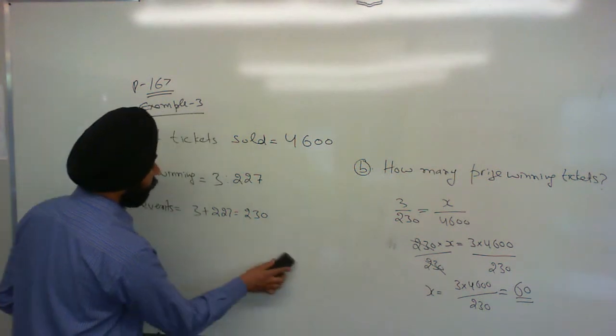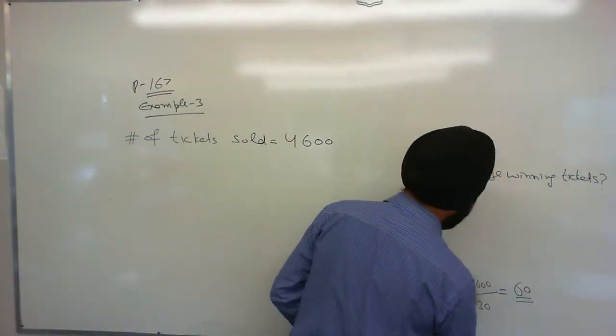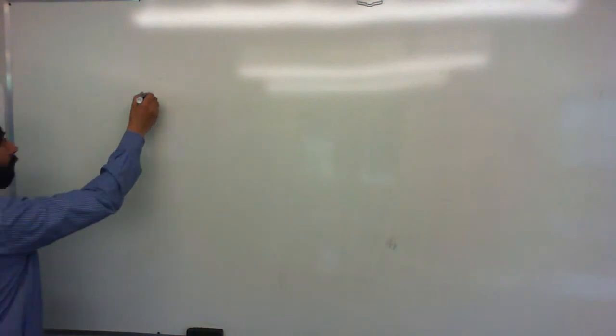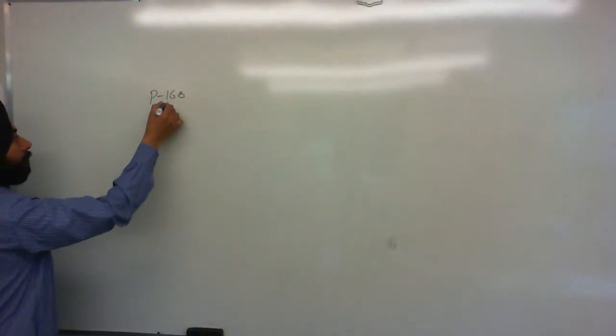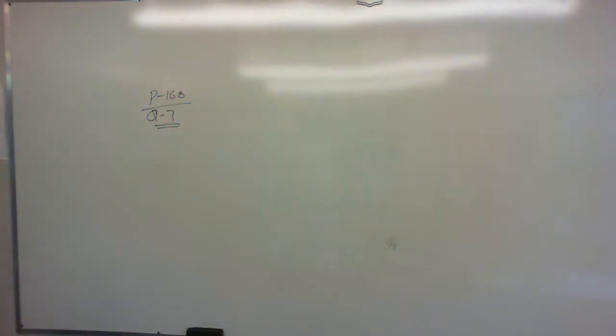Okay, let's do one unsolved problem and then I will let you go. Question number 7 on page 168. This is again a build your skills problem. Read the question.